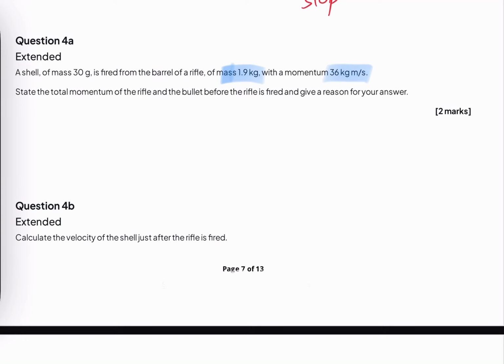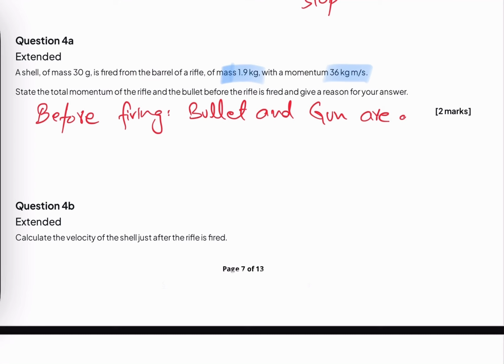So before firing, bullet and gun are at rest. So initial momentum will also be, momentum is basically mv, so that will be 0 for both of them. Okay, so initial momentum is 0 for the gun and bullet both.